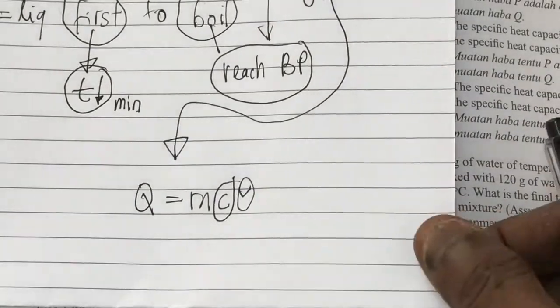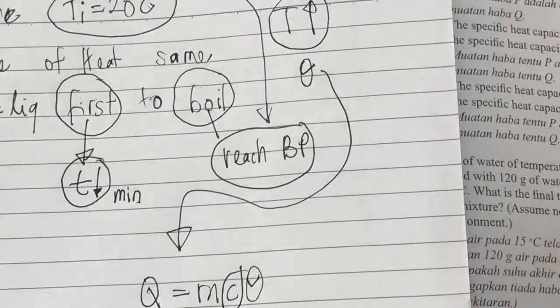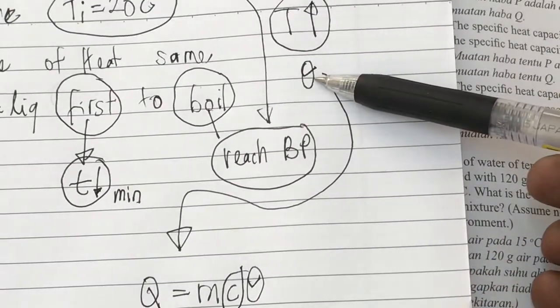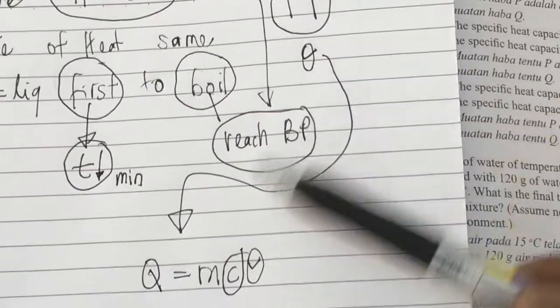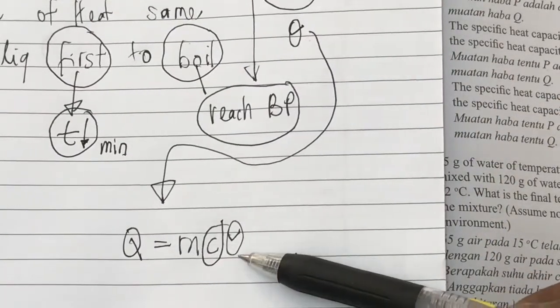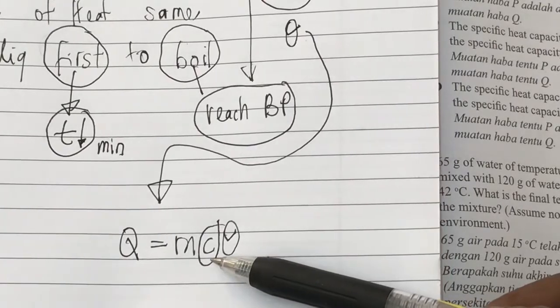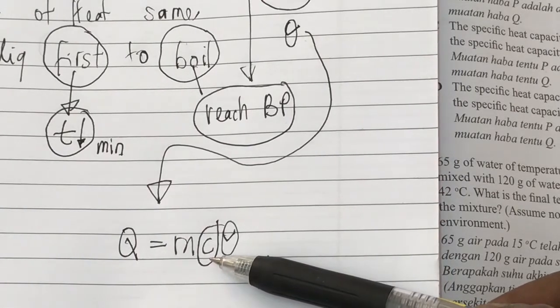We already learned from the notes that the heat involved in the change of temperature is mc theta, with the small c being the specific heat capacity.